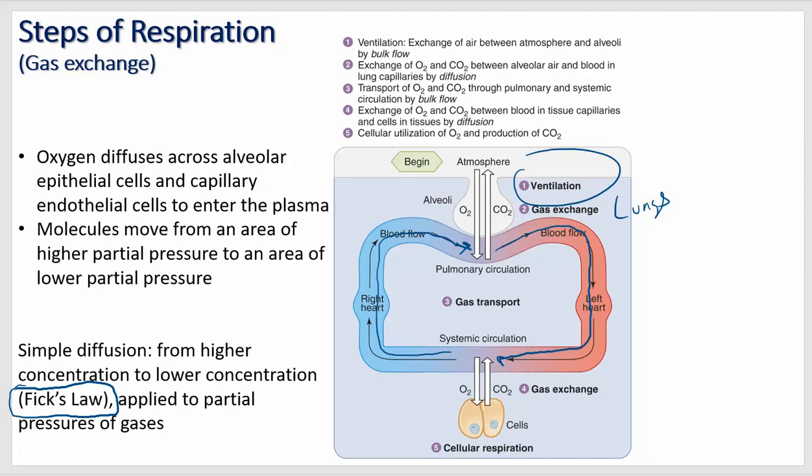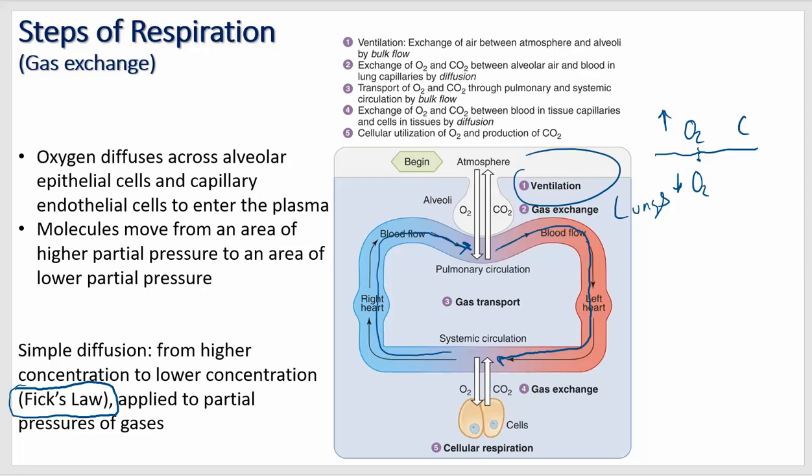And since there are a whole bunch of gases, we have to think about each individual gas. So if you have a high concentration of oxygen on one side, like in the lungs, and a low concentration of oxygen in the capillary, then oxygen will move from that higher concentration to a lower concentration.